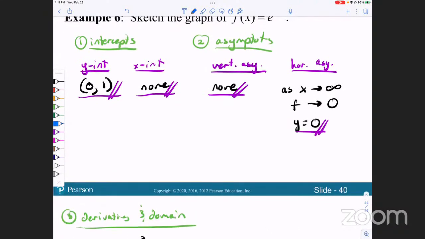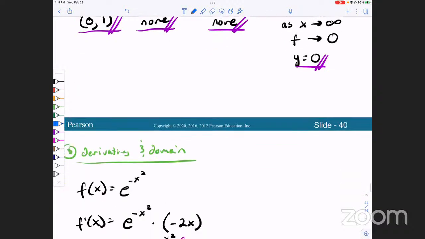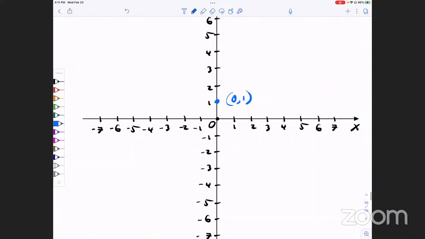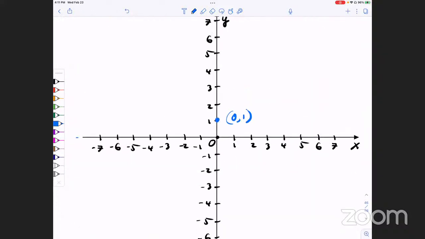There was no x-intercept. We said there was no vertical asymptote, but we had a horizontal one as x went out to the far right. So we do have a horizontal asymptote, y equals 0. We're just going to capture that like this.